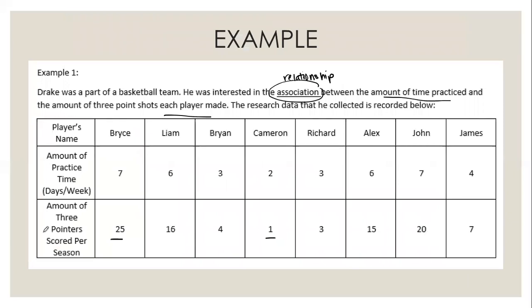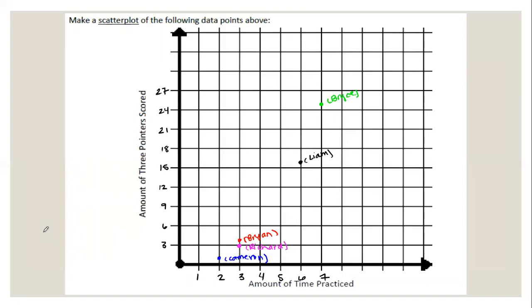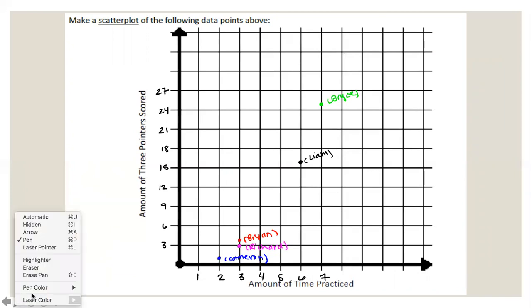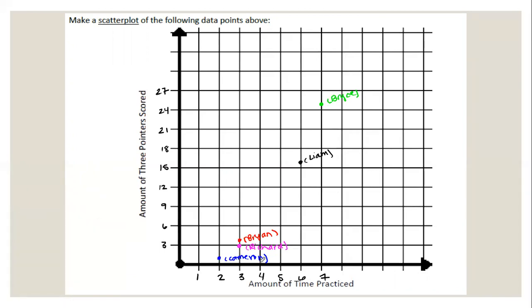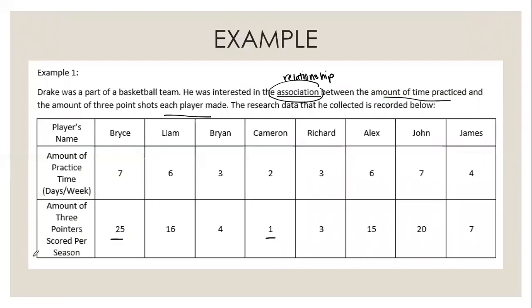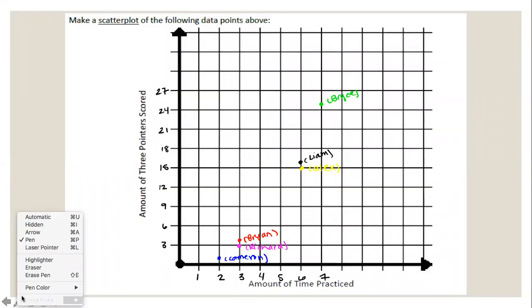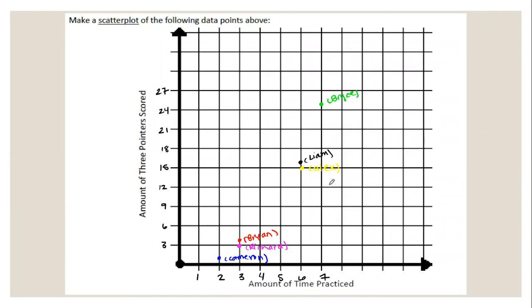Alex practiced 6 days out of the week and got 15 three-pointers. 6 and 15. John practiced 7 days out of the week and got 20 three-pointers. I'm using 7 and 20.